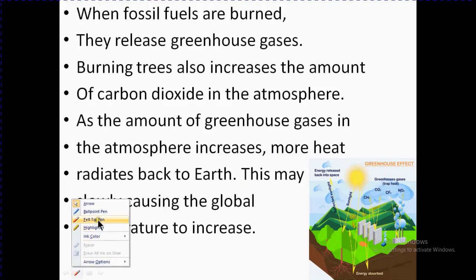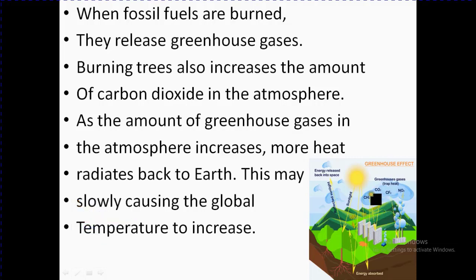My dear students, you can understand, due to the burning of fossil fuel and different types of materials, they emit gases. In this way, the layer of greenhouse gases becomes thicker and thicker, and they don't allow the gases to escape from there.